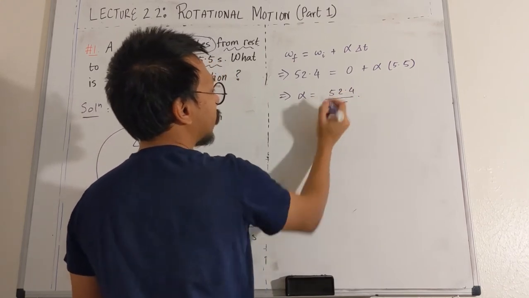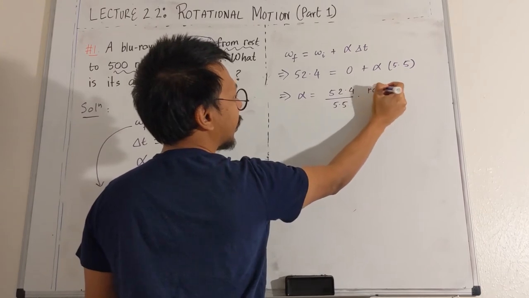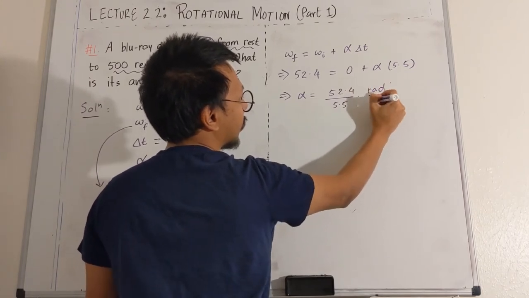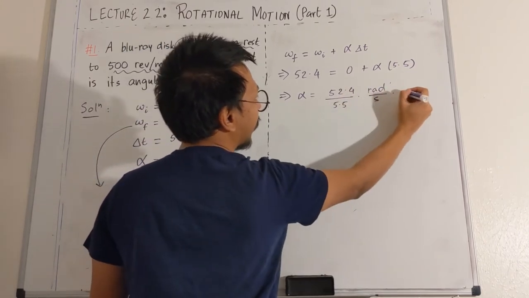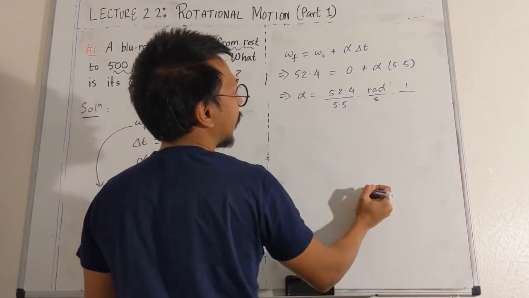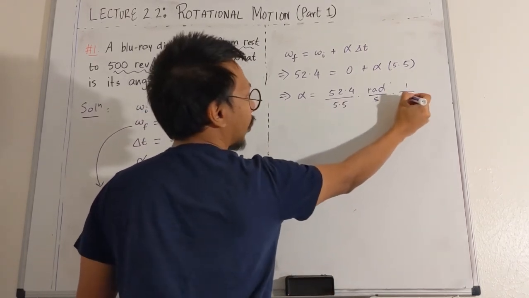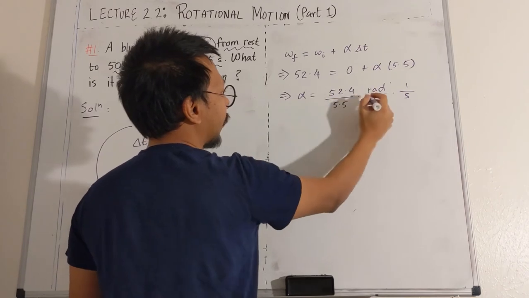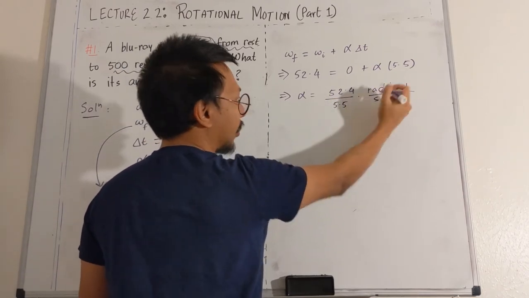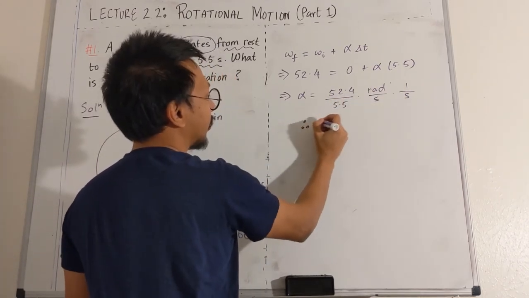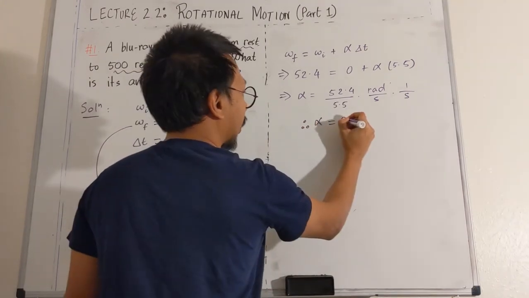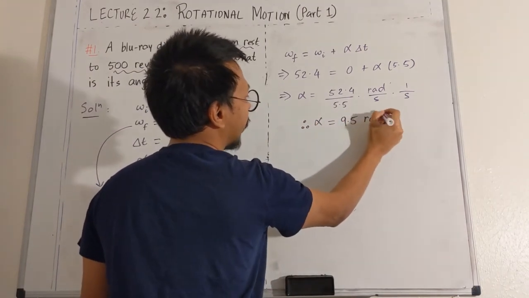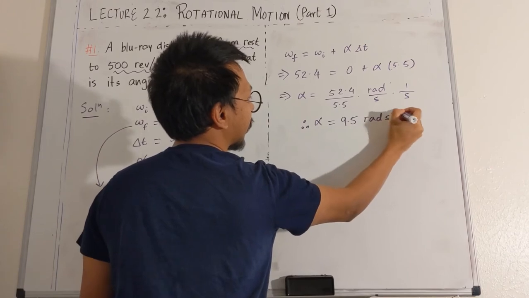The units are radians per second divided by seconds, so the unit of alpha is radians per second squared, so it's right, and the result comes out to be 9.5 radians per second squared.